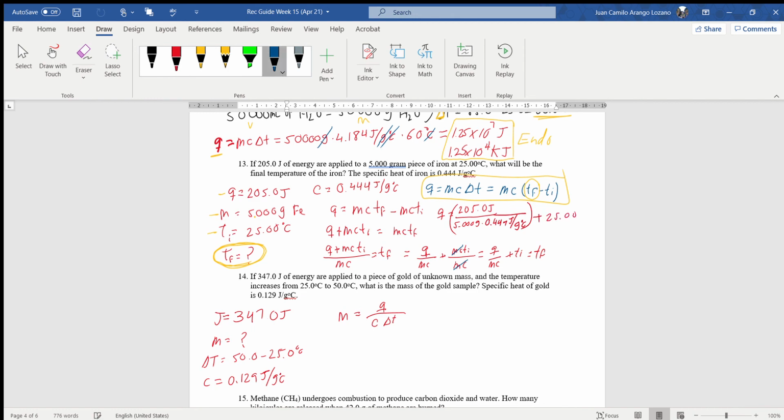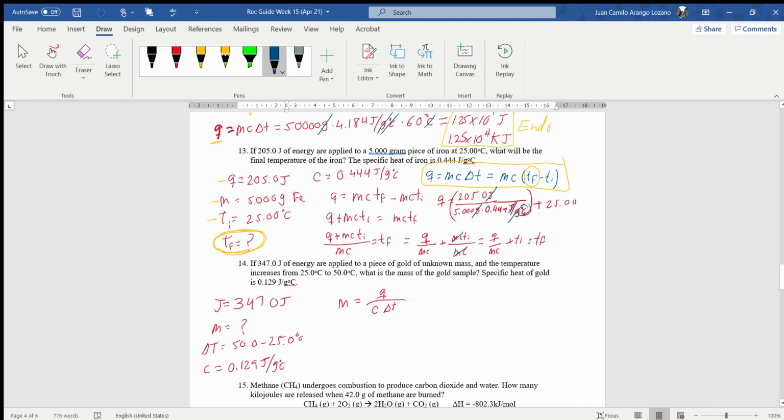If you take a look at the units, joules cancels out with joules, grams will cancel out with grams, and your final expression should be in degrees Celsius, which is what you care about. Take a look at the math of it and let me know what you guys get.